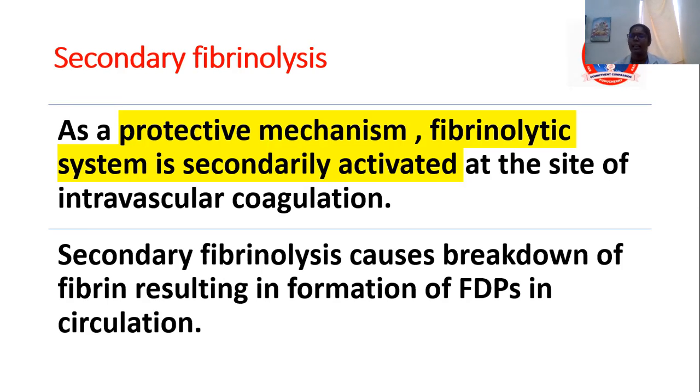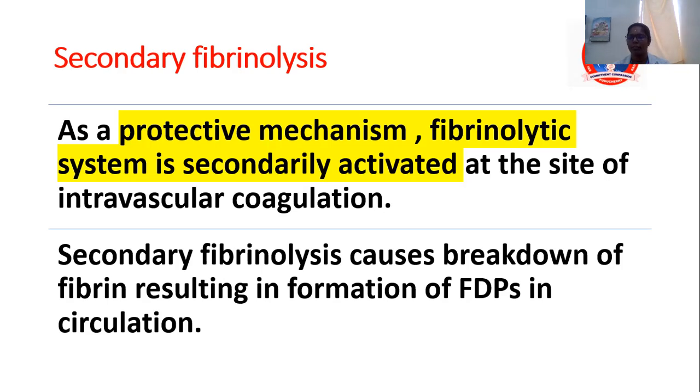Because of this, the clots break down and fibrin degradation products are seen in the circulation. Secondary fibrinolysis causes breakdown of fibrin, resulting in formation of fibrin degradation products in the circulation.